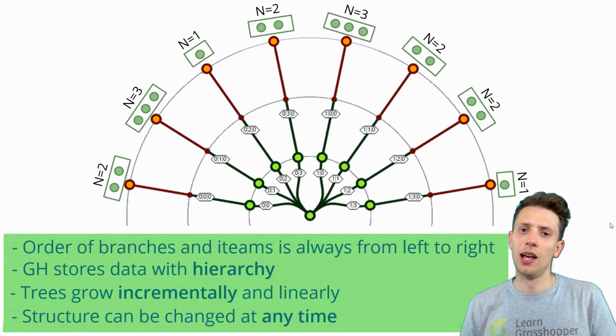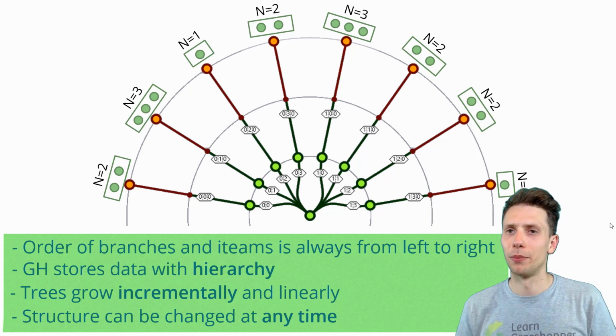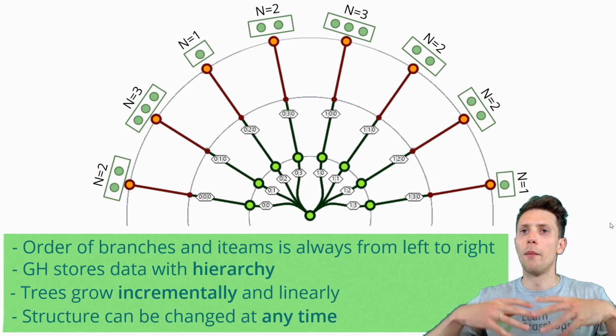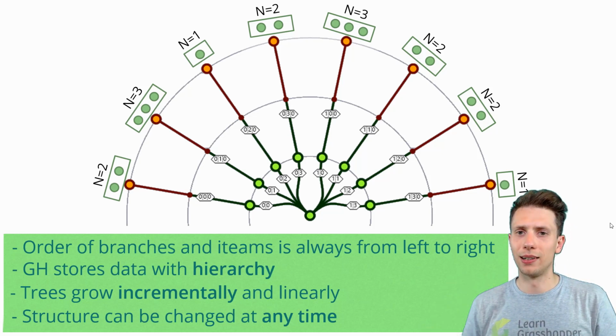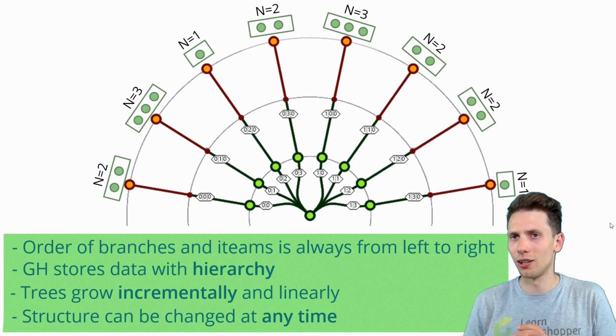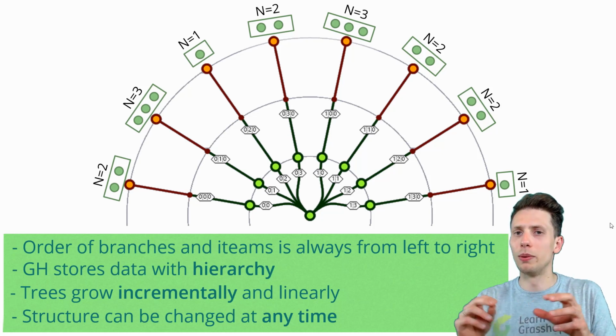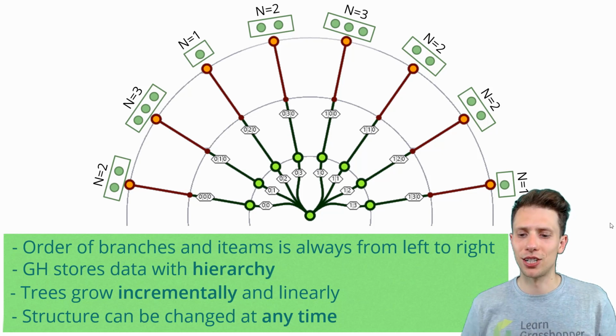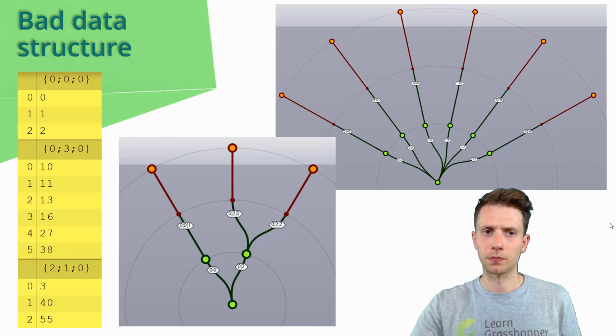There are several operations: we can cut some branches, we can add some branches, we can even go further with levels. So remember that this is just a structure, there will still be the same items in that list. However, at any time we can change that structure.